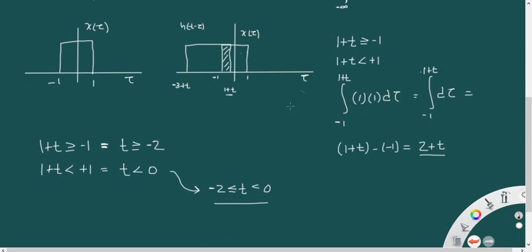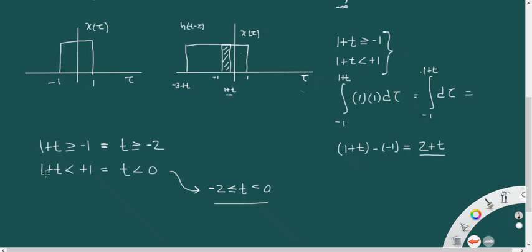So if we simplify these bounds, this is the first one, 1 plus t equal or greater than -1. If we solve this inequality, we can move this one to the right. So we will end up with t equal or greater than -2. And in this case, 1 plus t is less than +1.